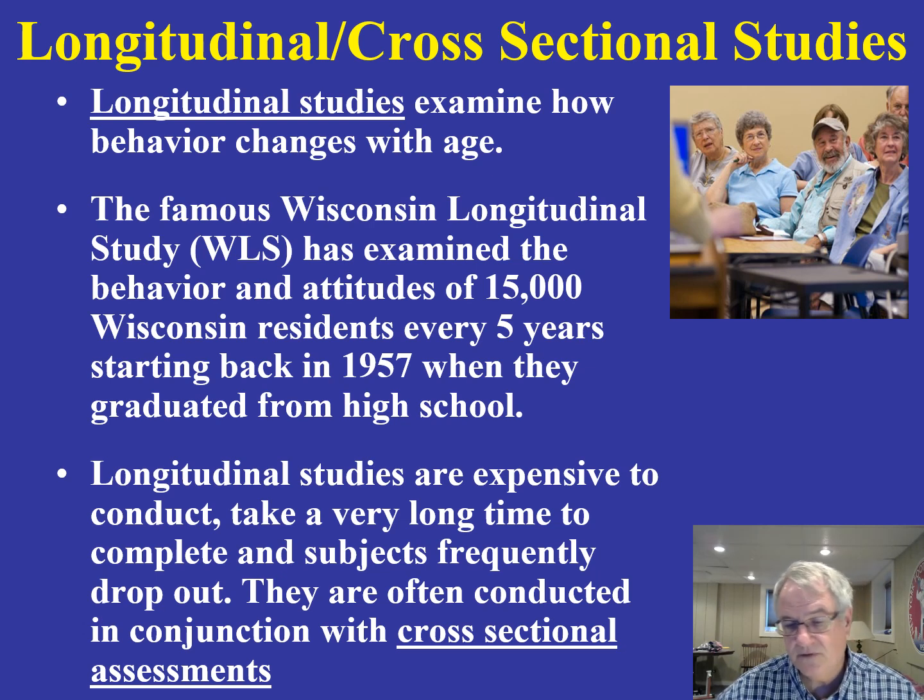But again, this is all being done with separate samples, not just one sample of 15,000 individuals being studied every 5 years, but instead 15,000 at 20 years of age, 15,000 at 25 years of age, 15,000 at 30 years of age, 15,000 at 35 years of age, and so on, which is a study you could do over a relatively short period of time.